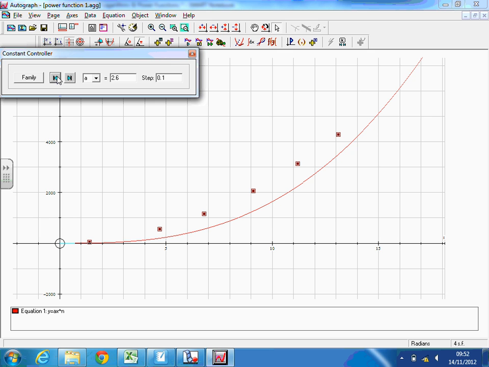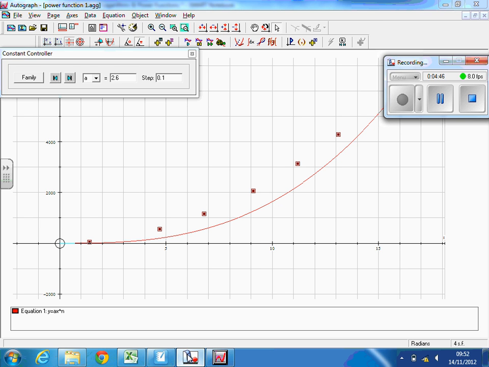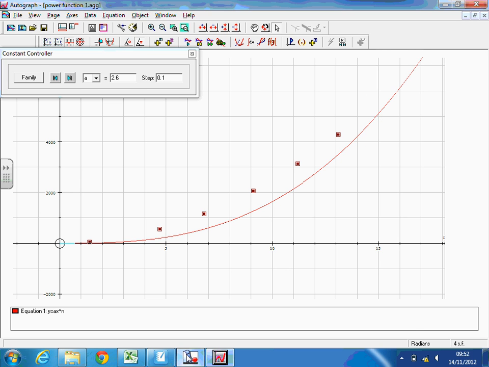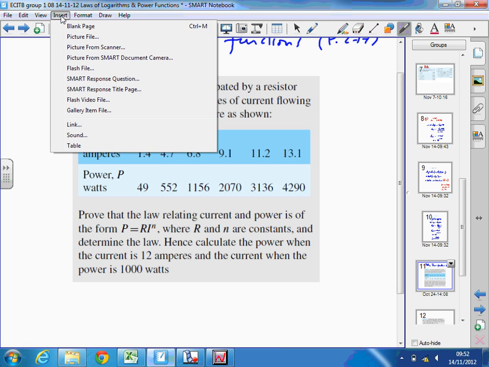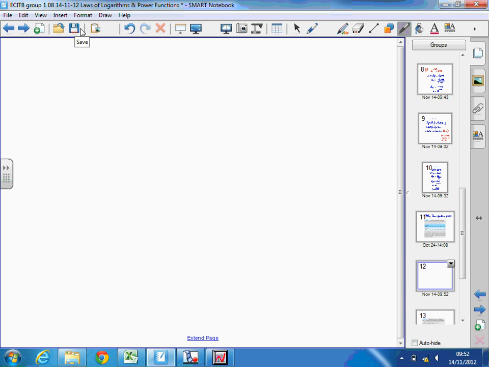So that's the idea of it, and to do it we use logarithms. Let's look at how that works. We suspect power equals R I to the power n. That's the formula that we suspect.